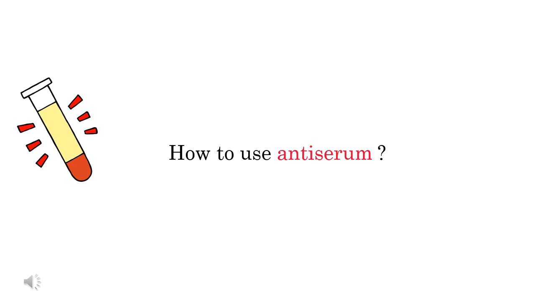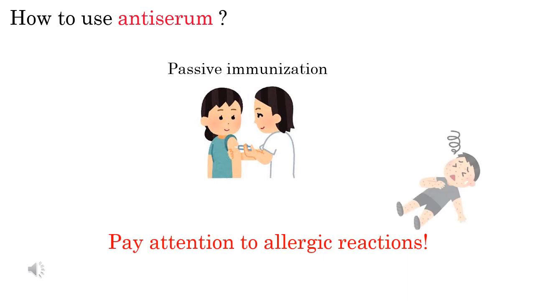Finally, we will talk about how antiserum is used. Antiserum is used for passive immunization and administered by injection into the human body.